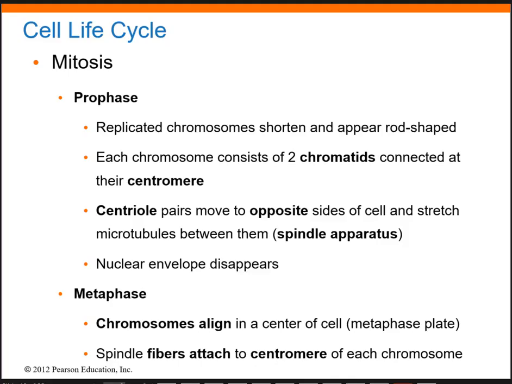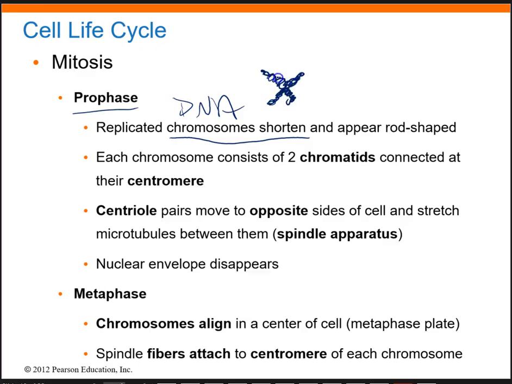Okay, so we'll go through each of the phases of mitosis, starting with prophase. So remember right before mitosis, it already duplicated the DNA so that there were two pairs. In prophase, we see that the genetic material, the DNA, gets really organized. It gets really tightly coiled like this, and we see these nice chromosomes start to appear.